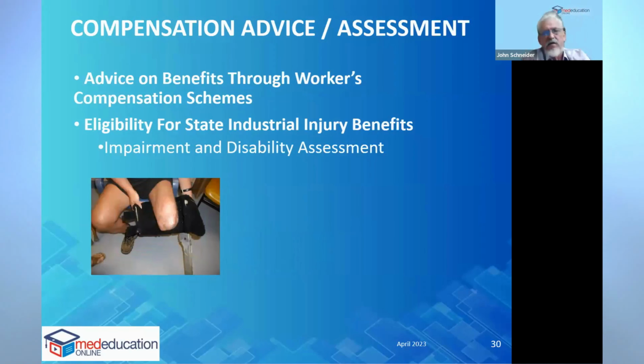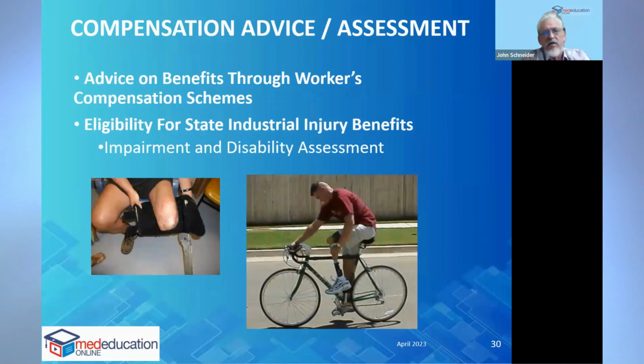Now, so there's advice, compensation on various benefits, and you may be involved with talking to patients about that. One of the things that I find difficult in Australia anyway is trying to get people to understand the difference between impairment and disability.